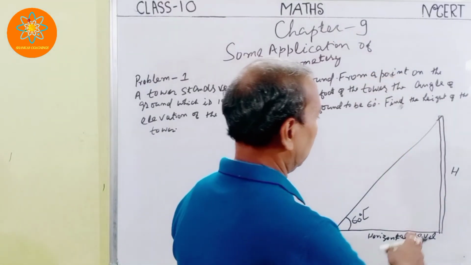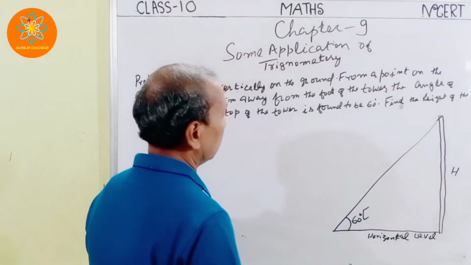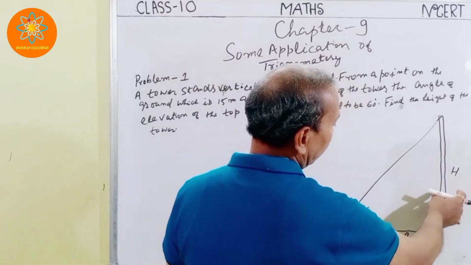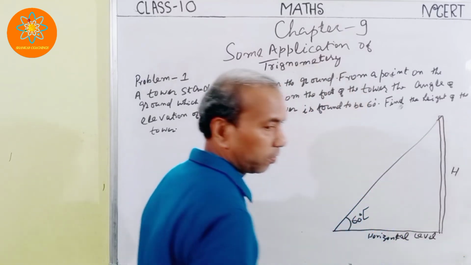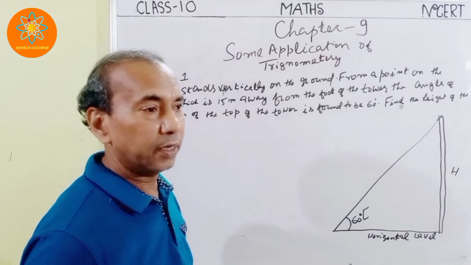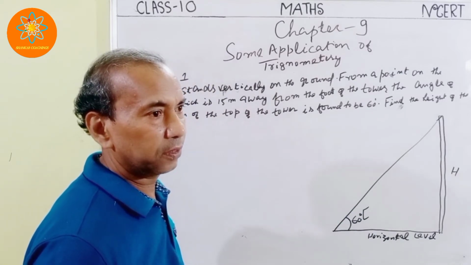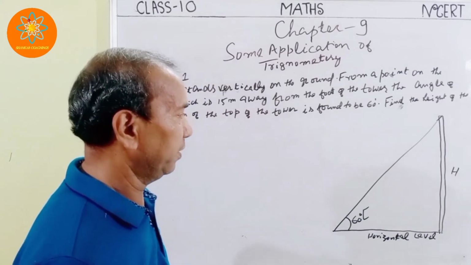So we are just thinking that this is the height of the tower by the capital H, and that value I have to find. Capital H I have to find.